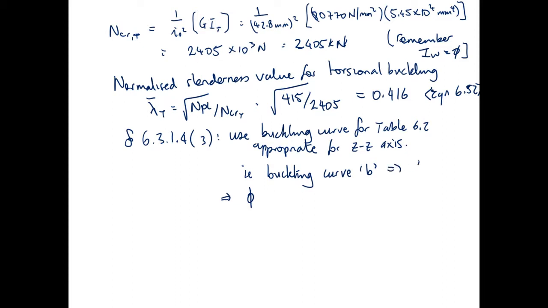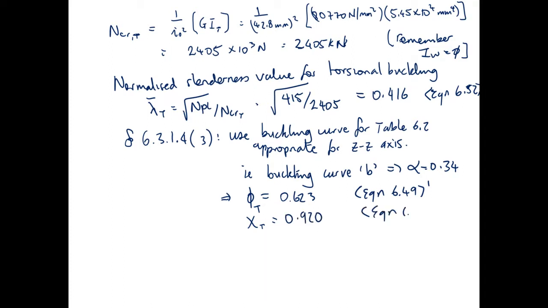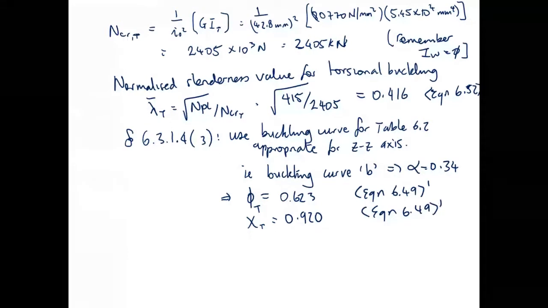I'm not going to go through all the equations again, but effectively, when you do that, buckling curve B gives alpha of 0.34. You put that into the equations again and you get phi is 0.623, equation 6.49, and you get the reduction factor for torsion, 0.920, equation 6.49.